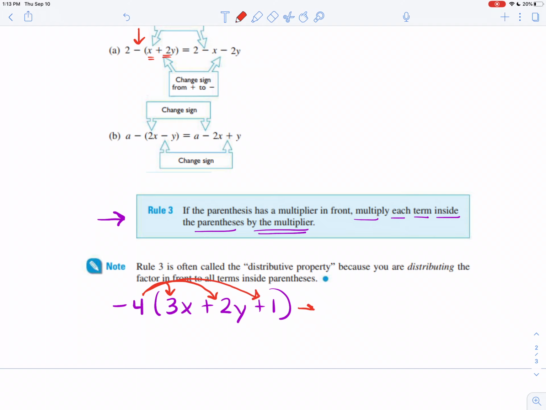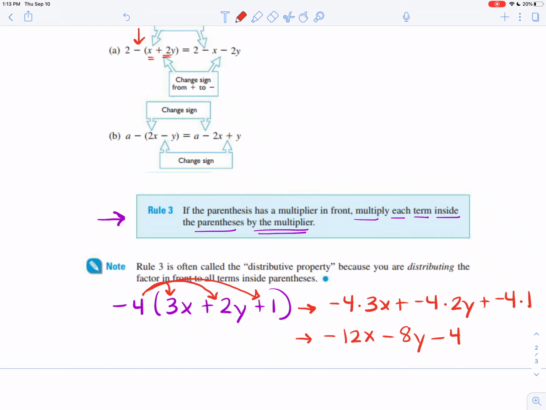So the only way I can drop those parentheses, right, is if I take negative 4 times 3x, then I take negative 4 times the 2y, and then I take negative 4 times the 1, right? Everything in parentheses. So this would become negative 12x. It would become negative 8y and negative 4.